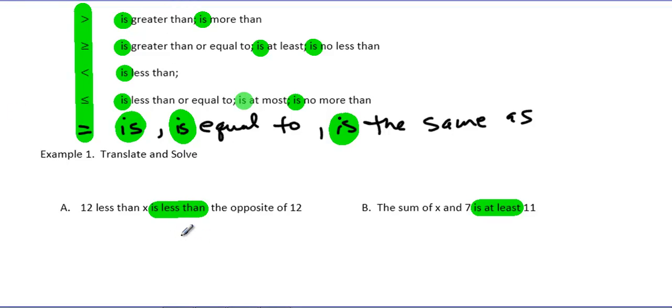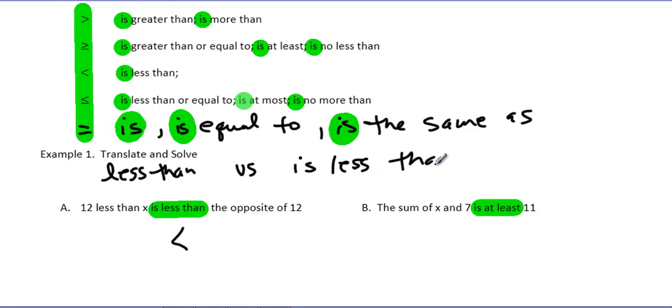Is less than is a symbol that looks like this. On this side, I have the words 12 less than x. Now, a lot of people confuse less than versus is less than. The difference is in that word right there, the biggest word in math, the two-letter word is.